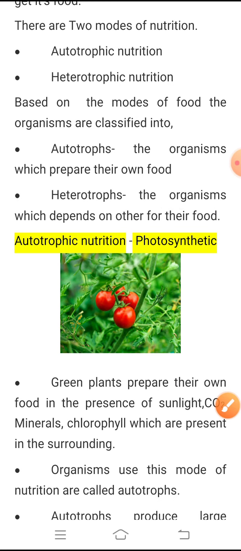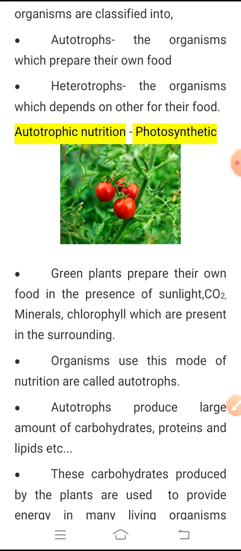So now let us understand in detail what is autotrophic nutrition. Okay, so when I talk about autotrophs, I already told you they are green plants, right? So under autotrophic nutrition, we are going to again classify this autotrophic nutrition into two types.